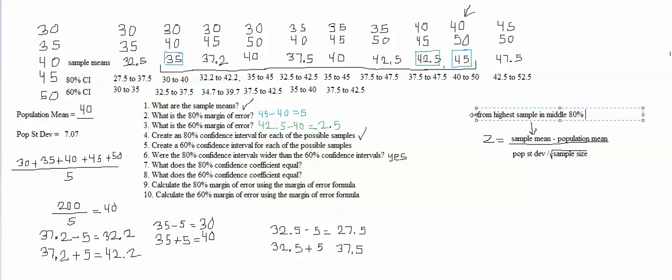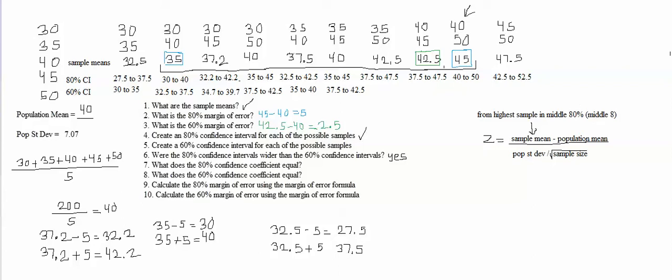And when I say middle 80%, I really just mean the middle 8. That's the only reason it's called the confidence coefficient, because we're calculating it using the sample at the upper end of the middle 8. That's why it's called an 80% confidence coefficient.